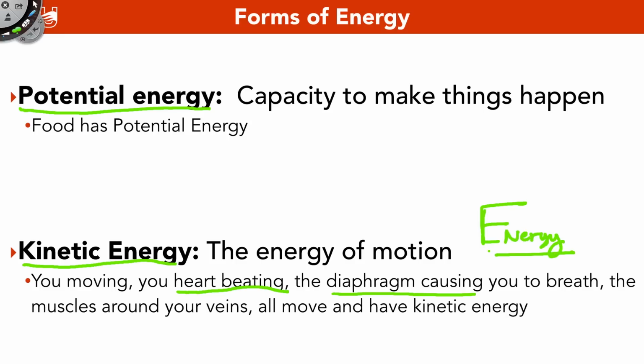Right? How do we get this energy? Ultimately, the ultimate source of energy, and a very important concept we're going to get to later, is the sun. This is the ultimate source of energy. More on that later on.